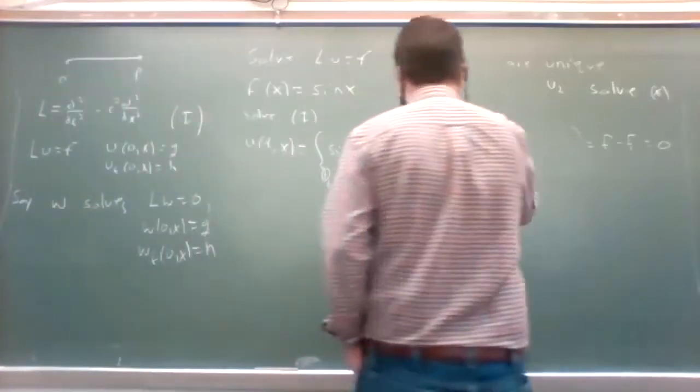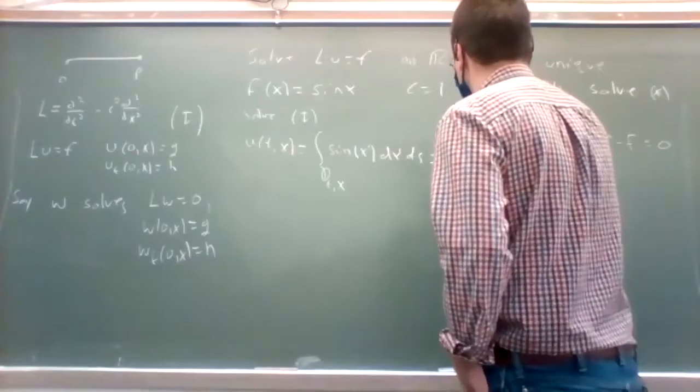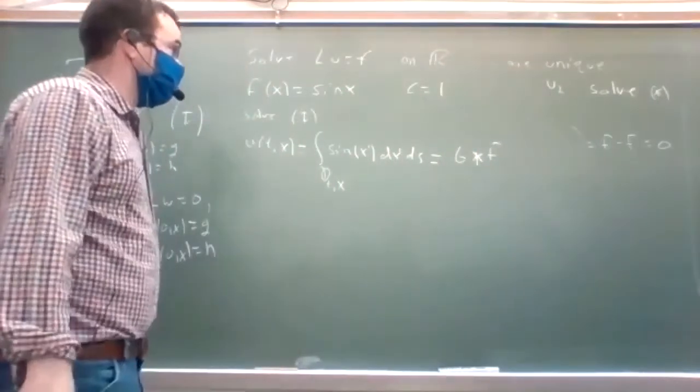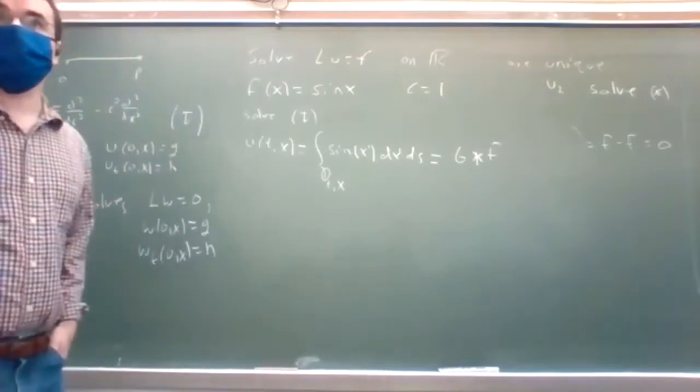Or you could also write this in the notation of last class as d star x. But I don't want to just do it in principle. I want to find an actual answer.